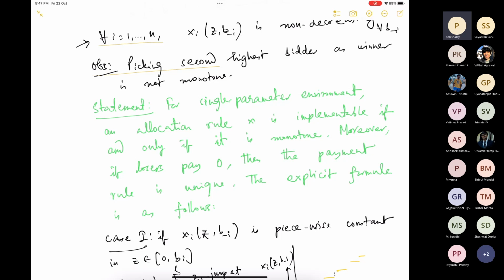So it immediately follows from Myerson's lemma. You must study, otherwise there is no point giving us lectures.